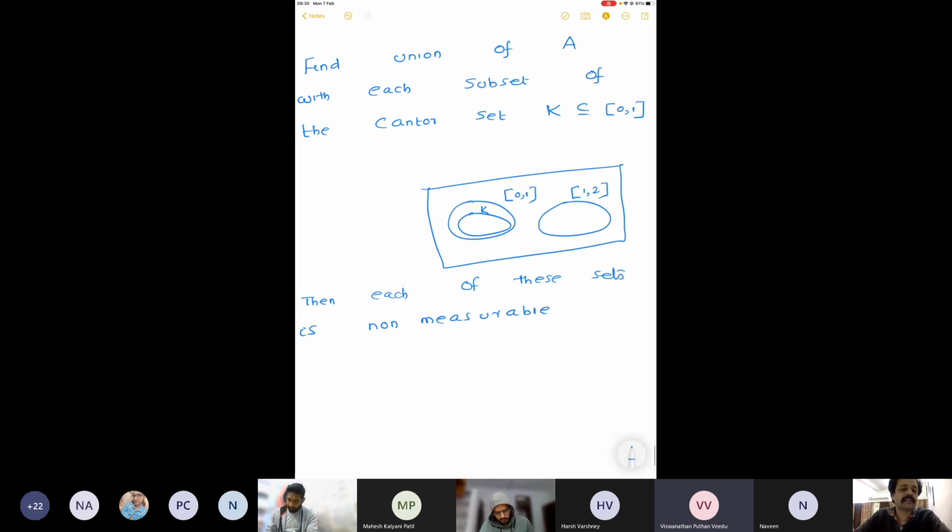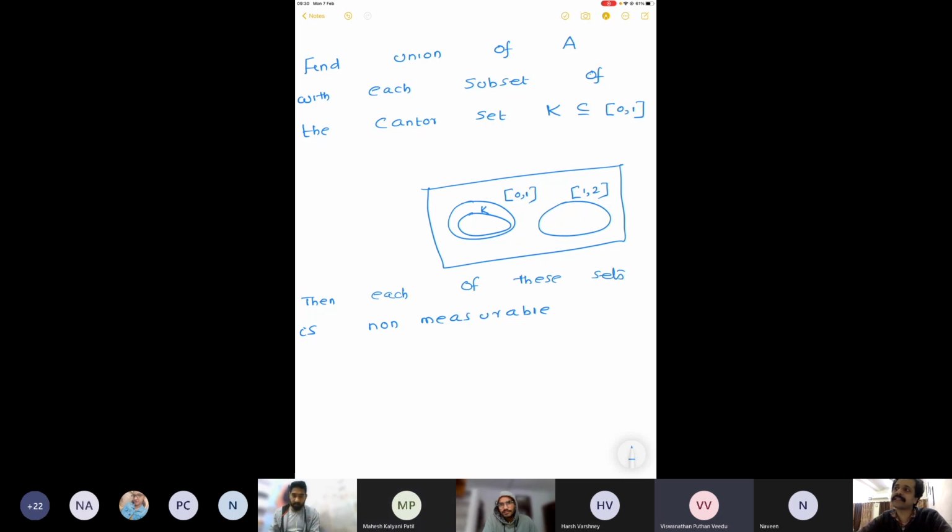So like this you constructed how many non-measurable sets? Not only infinite, how many subsets of the Cantor set can you take? That many non-measurable sets you got. And what is the cardinality of the Cantor set? Continuum.